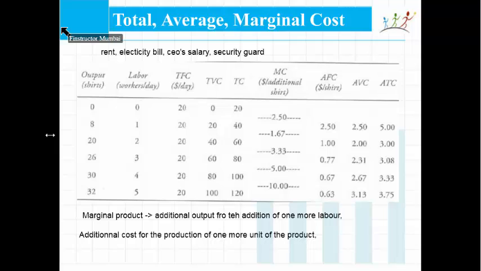Earlier also I was spending 20. Now I'm spending 20 more. So for producing 8 more units, I need to spend a total of $20 more. So what is the marginal cost, or what is the additional cost per unit? It is 20 divided by 8. For 8 more units, I spend $20 more, or I spend $2.5 per extra unit.